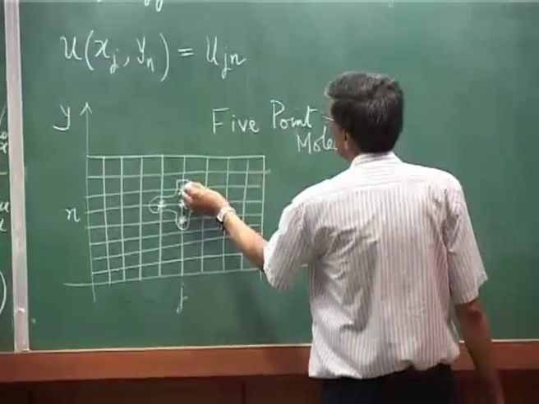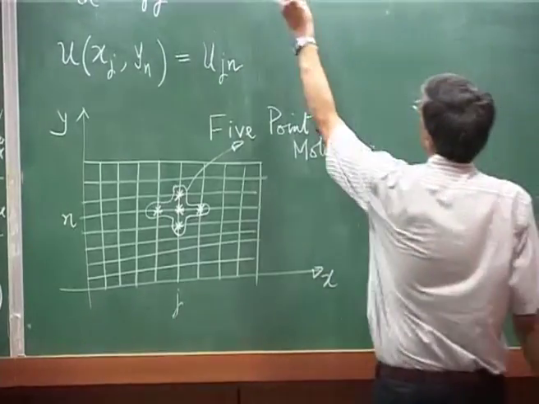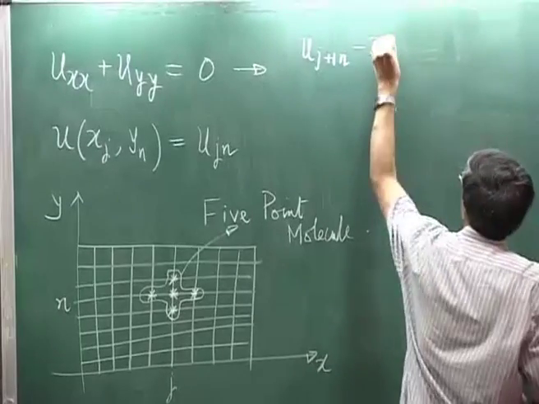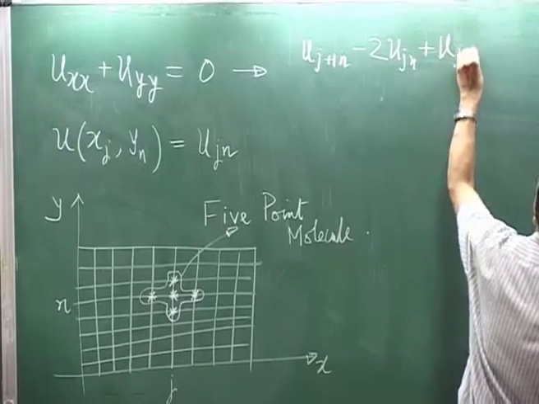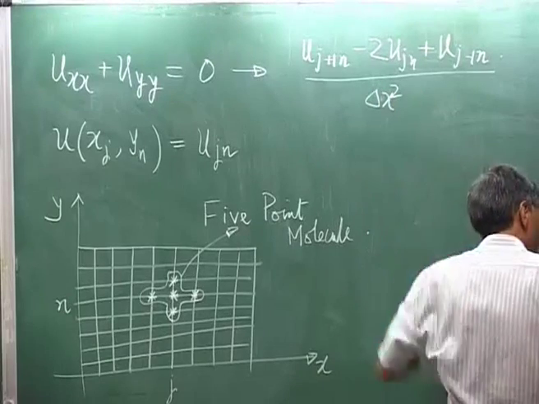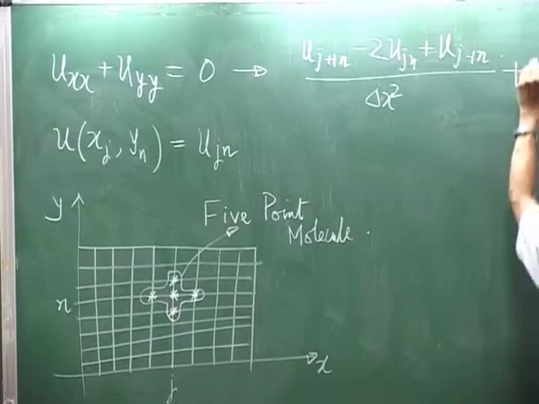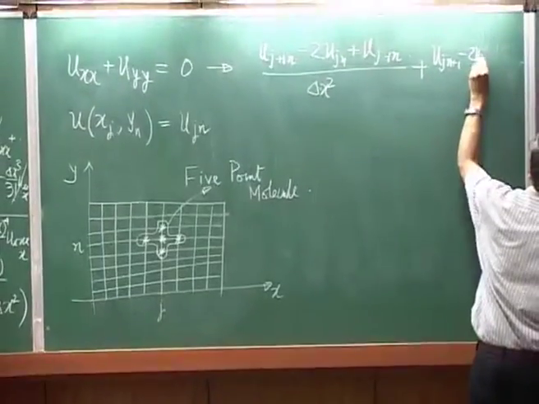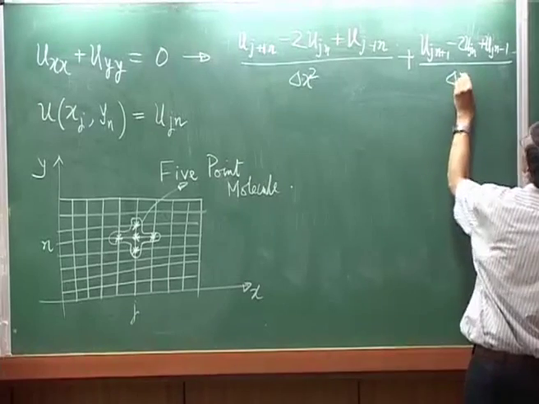So, that is your 5-point molecule, and what you notice that if I write that equation down, then I will write it as u j plus 1 n minus 2 u j n plus u j minus 1 n by delta x square. And we will write u j n plus 1 minus 2 u j n plus u j n minus 1 by delta y square.